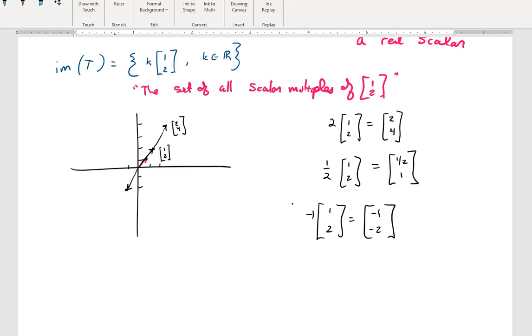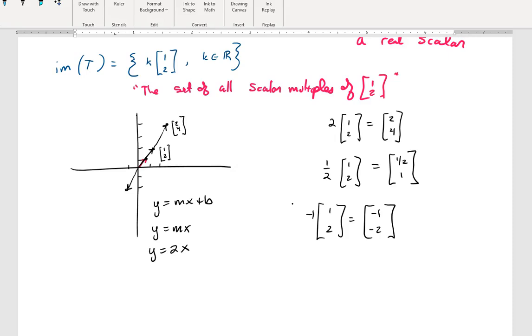The endpoints of all these vectors are landing on the same line. y equals mx plus b, b is 0, y equals mx. Rise over run, m is 2 over 1. y equals 2x. That's the image.